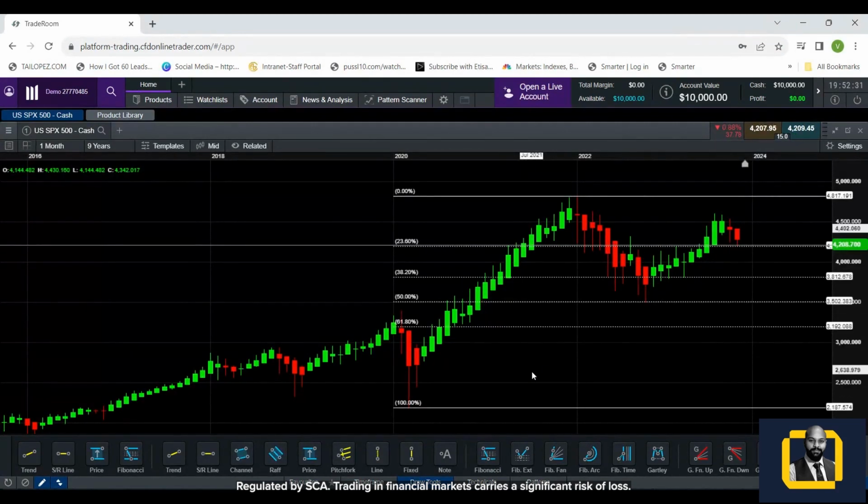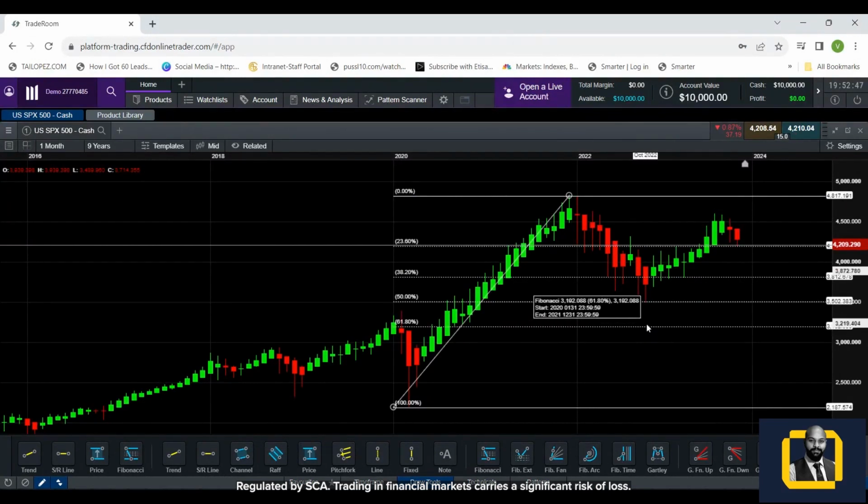But if you're looking at Fibonacci purely and you're doing a trade based purely on technicals, you just follow the rules of technicals. Now, when the market comes down, in this case, it did not come down to 61.8, hence we would not have taken a trade.